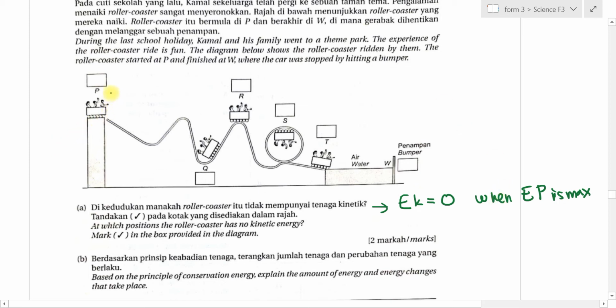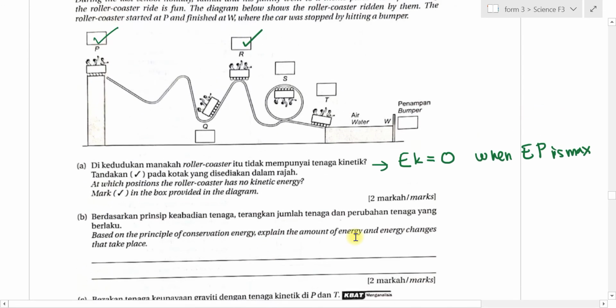So your maximum position will be P and also R, with maximum height, so we don't have any kinetic energy over there.